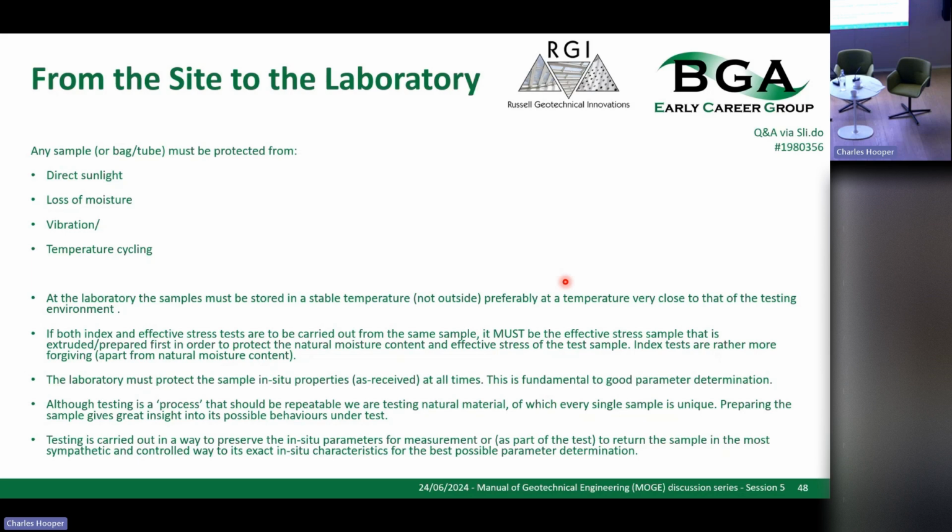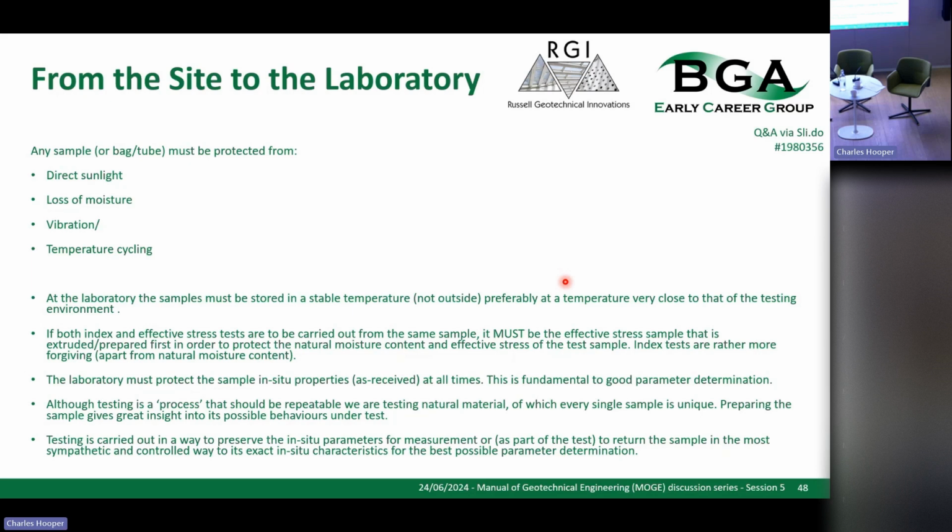The samples have to be protected from loss of moisture, because we go back to moisture content, effective stress, etc. It can be altered. The samples must be protected from being vibrated or banged, knocked, all of these things. They are very fragile. In an ideal world, they should be stored upright. UT tubes, okay, but certainly others should really be just stored upright.